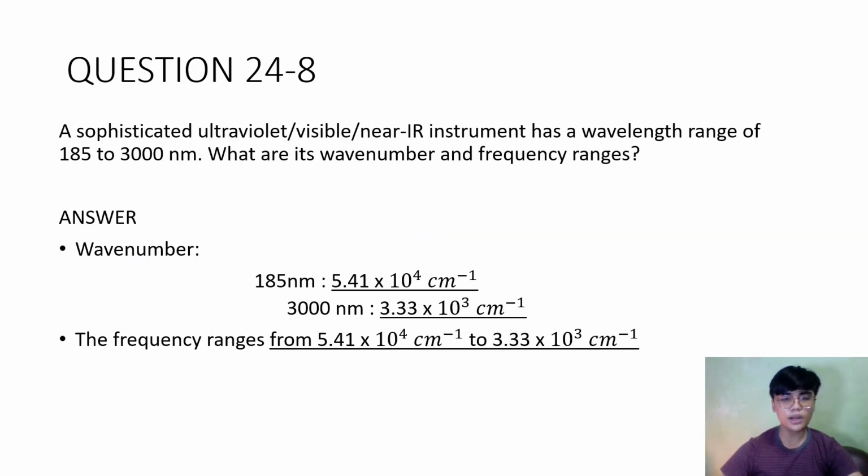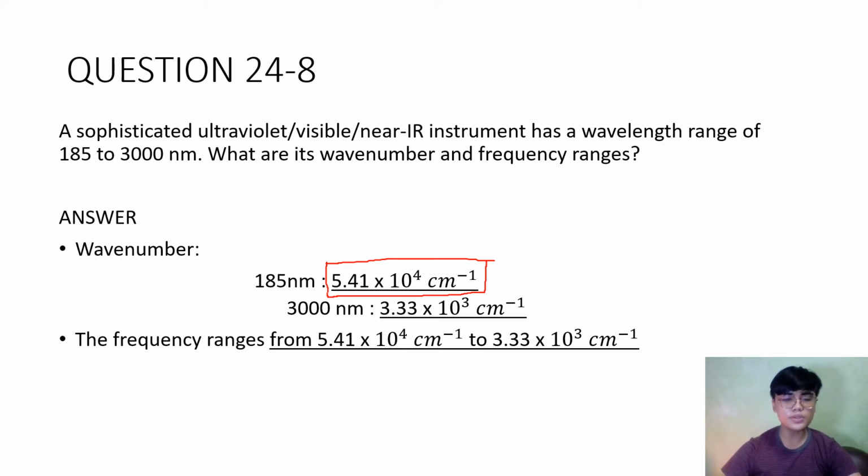So the answer for our question: the wave number from 185 nanometer wavelength corresponds to 5.41 times 10 raised to 4 centimeter raised to negative 1.